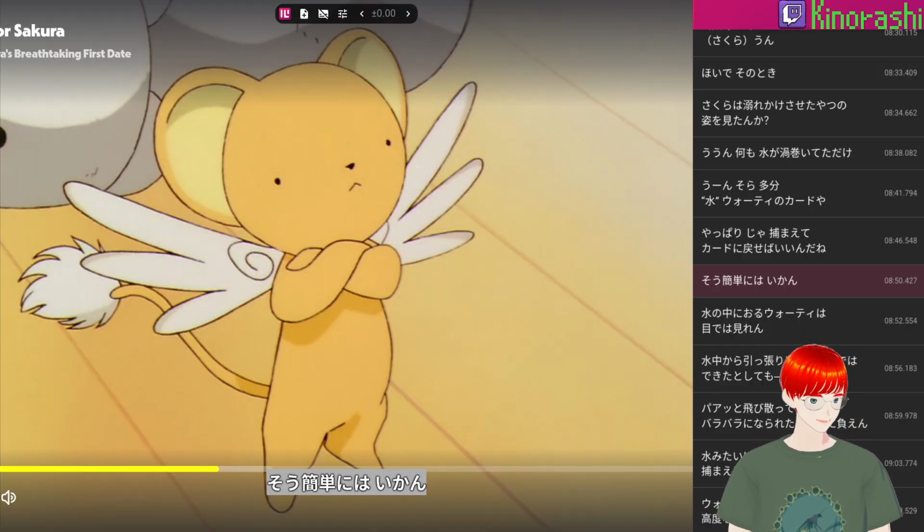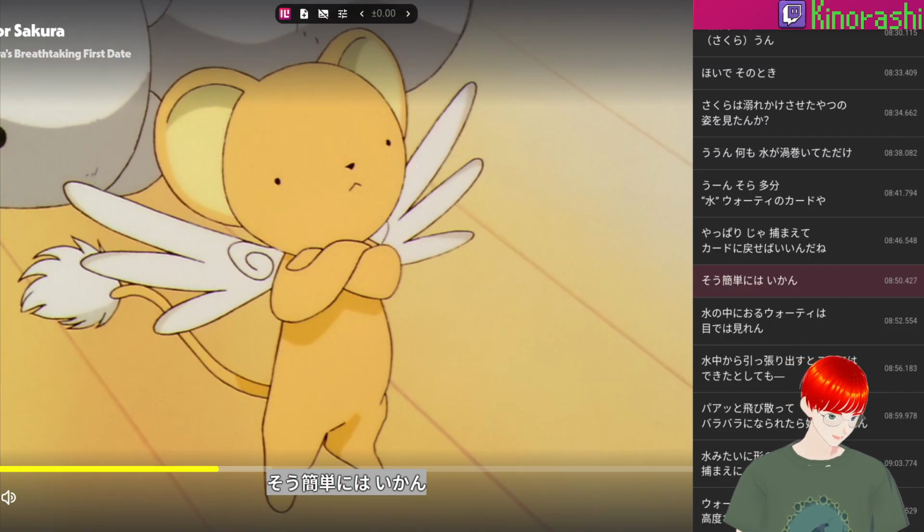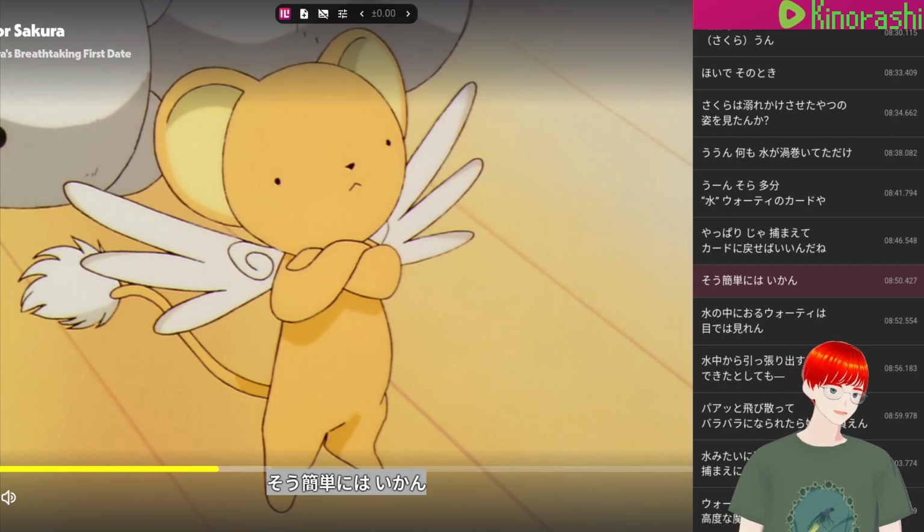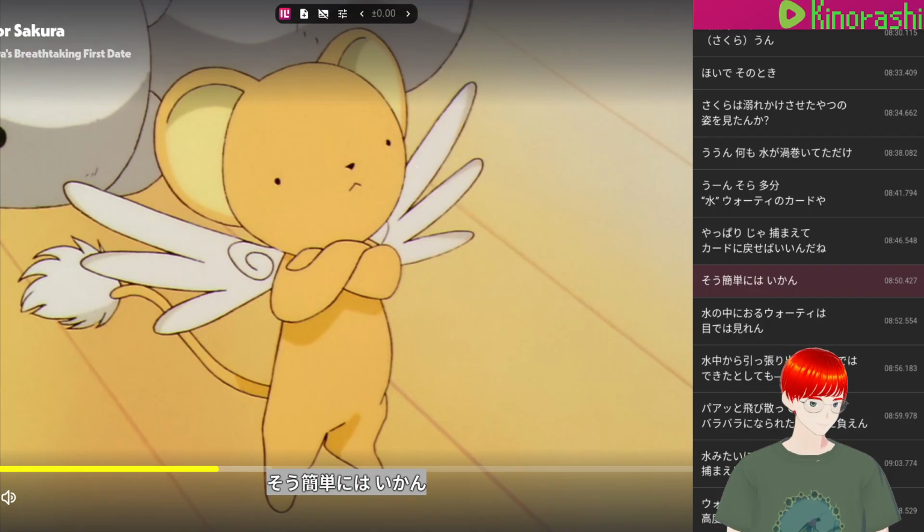Ikan is an alternative and more formal or literary form of ikanai or ikenai, meaning not possible. Okay, so if ikenai in this case is not possible, then ikanai would be not going to be. So in other words, it's not going to be easy. In this context, ikan conveys that something cannot be done easily or simply.